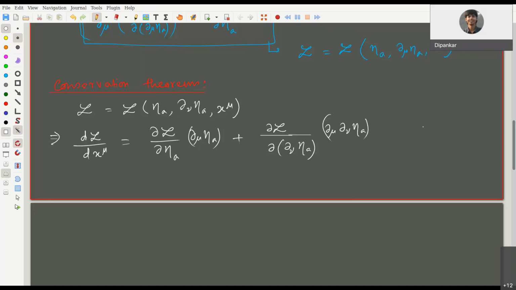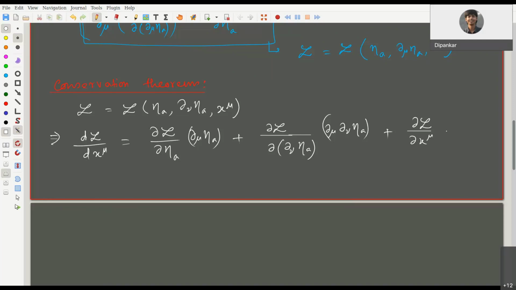I write it as del nu so as not to confuse this mu with this nu. This is a different index here. And then you get del mu L, which is basically del L by del x mu. So these are the three terms you get. This is the chain rule of derivatives, and that's what it gives you.